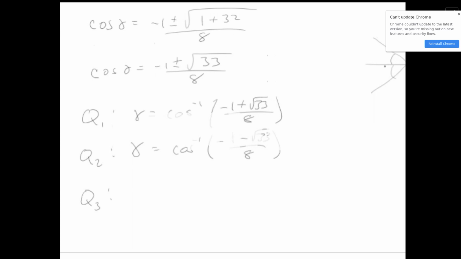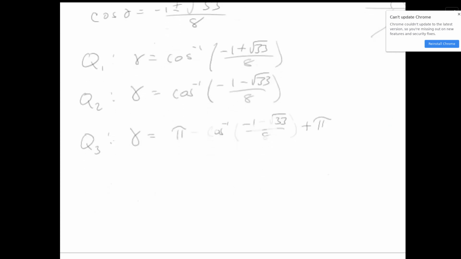This is going to be pi minus arc cosine of the negative. And then what I want to do, that's that acute angle there, is add that to pi. So that would be plus pi. That results in something that looks a little strange, 2 pi minus arc cosine of (negative 1 minus root 33) over 8.